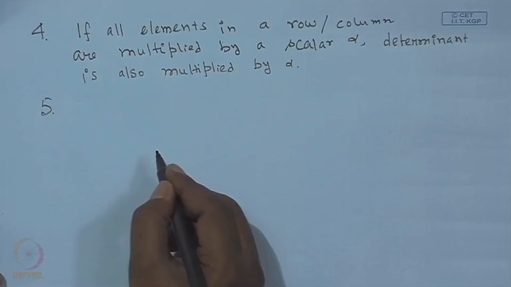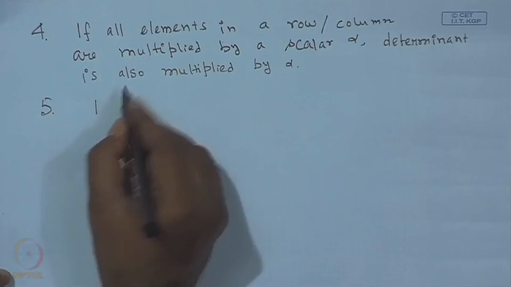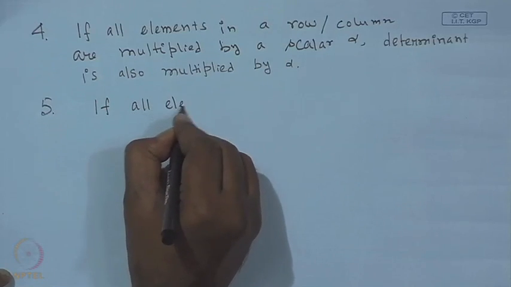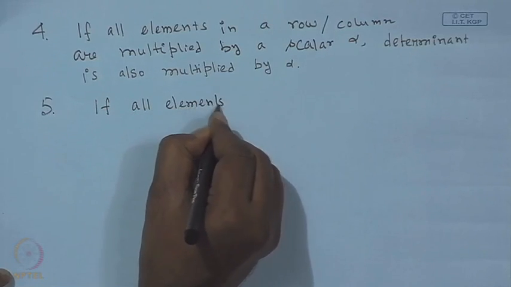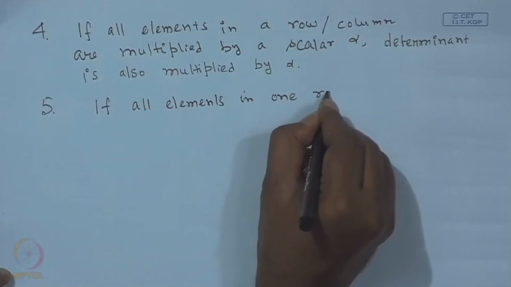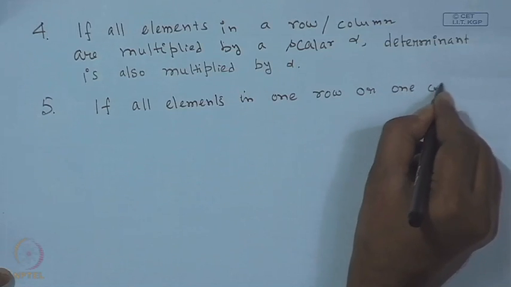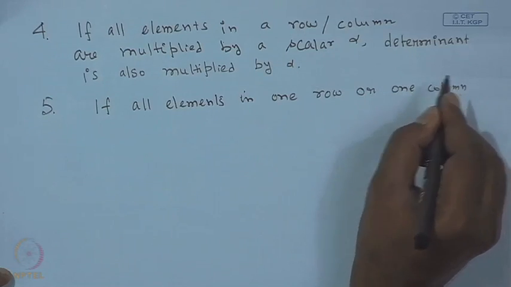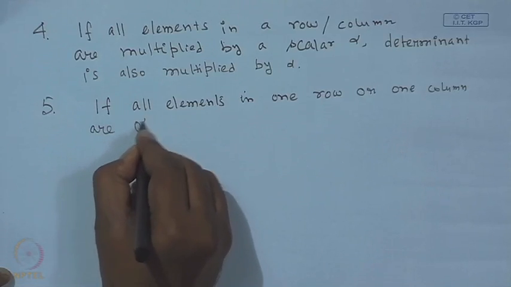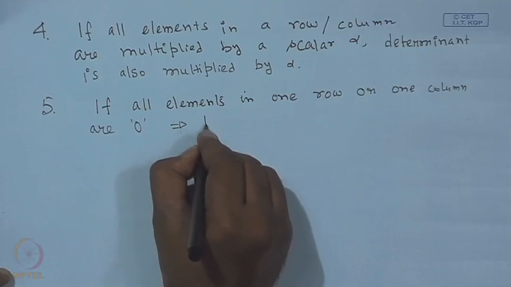The next property is that if all elements in one row or one column are 0, then of course the determinant is 0.